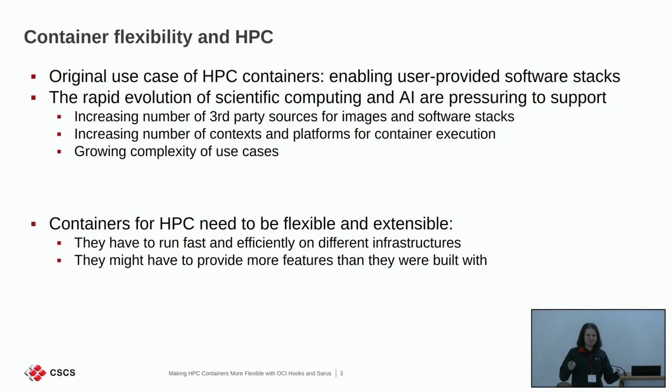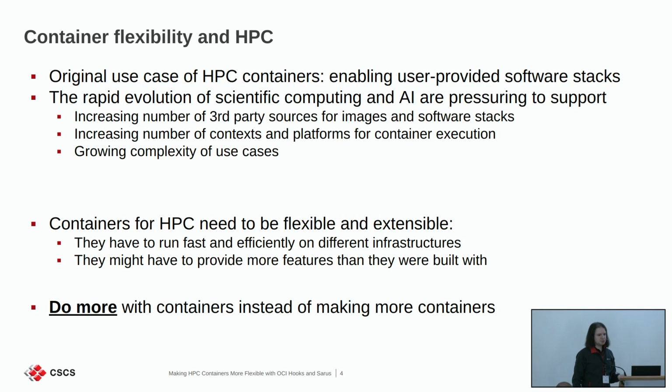While this is a possible solution, I would argue that it's not the ideal one. I think we need to do more with containers instead of making more containers, at least. That's what I think. So where can we find this flexibility and extensibility that we want containers to have, ideally?